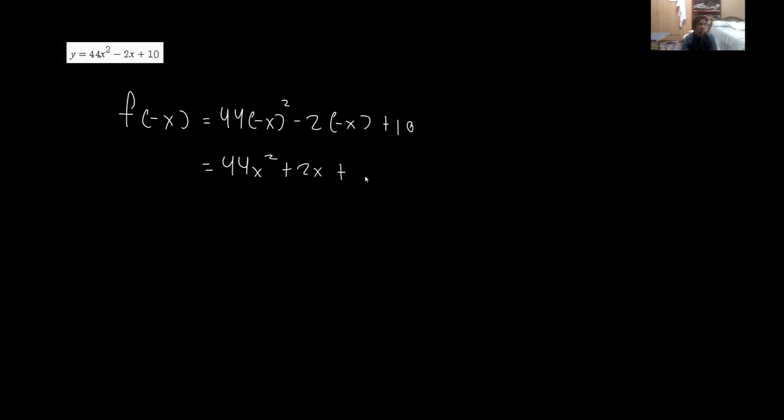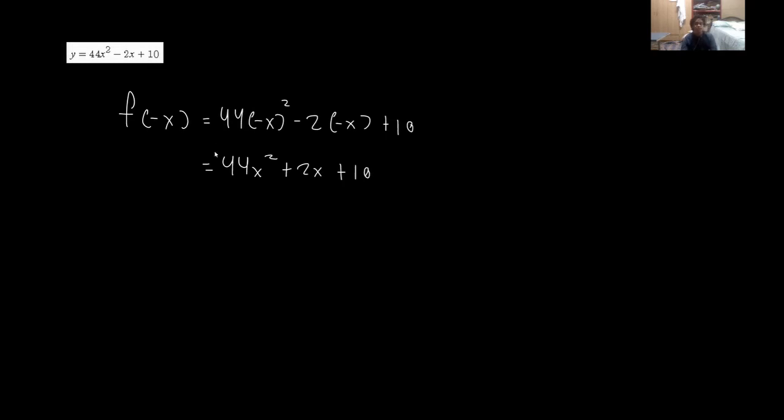Next, how about this one? 44x squared minus 2x plus 10. So let's substitute negative x. So we will have 44 times negative x squared minus 2 times negative x plus 10. So we will have, as a result, 44x squared plus 2x plus 10.